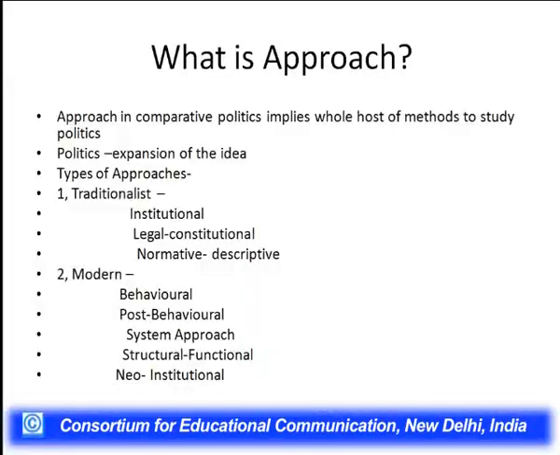One important reason for thinking in terms of a modern approach was the expansion of the idea of the political. The way politics started getting expanded necessitated the requirement for a new approach and new methods in comparative politics.